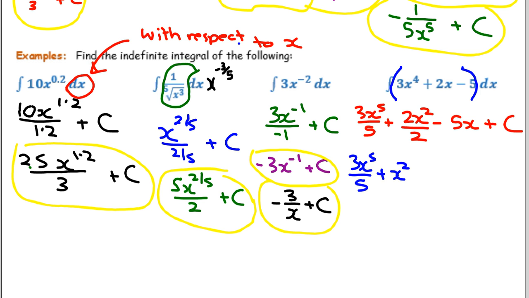And for one like this, to be honest, I probably would have written 3/5 x to the 5. I think we know, so it's okay to write it like this, but they would have written 3/5 x to the 5 just because of the way it's set out.